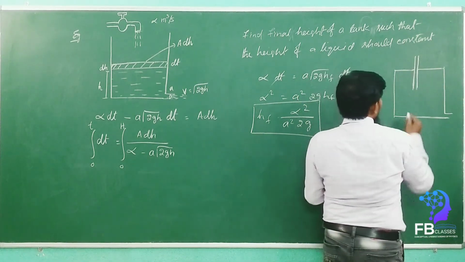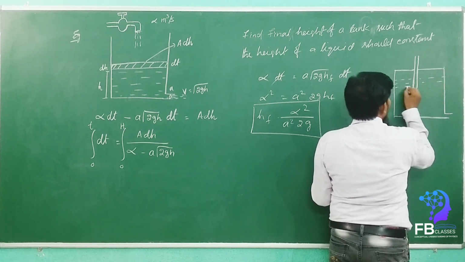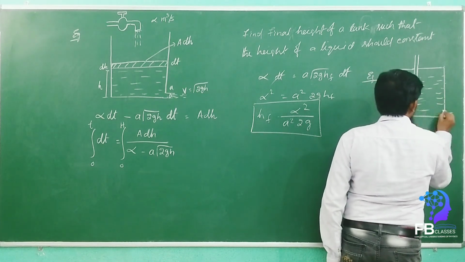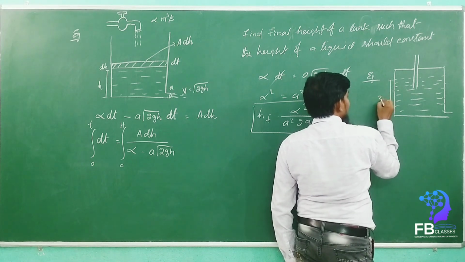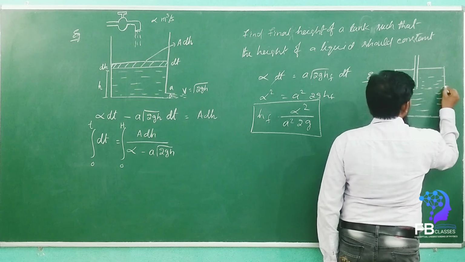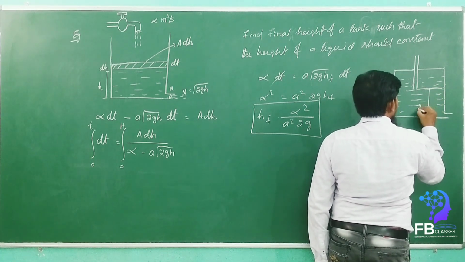Now this tanker is filled with the liquid. This is the height of the liquid column, this is 3 meter, and consider this height is 2 meter.